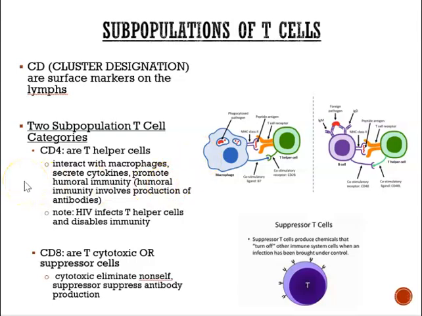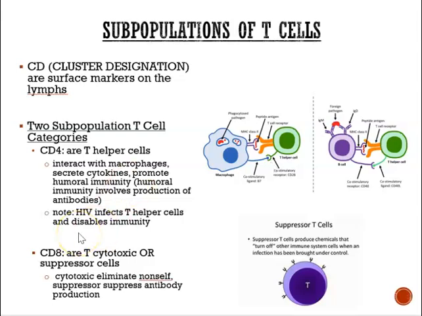The helper cells interact with macrophages, and this is a macrophage right here, and the macrophages come from monocytes. And they secrete cytokines and promote humoral immunity. Humoral immunity involves the production of antibodies. And if your body is building up antibodies, it's building up immunity. So the helper cells and the macrophages are working together for your body's immunity.